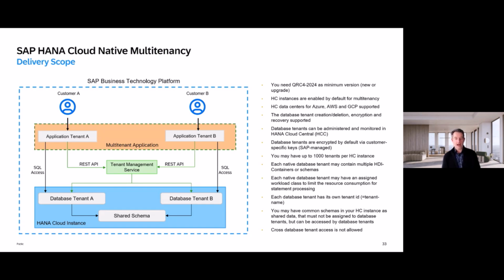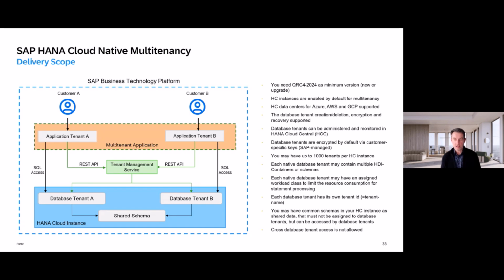You can have up to 1,000 tenants per HANA Cloud instance. And each tenant may contain multiple schemas or HDI containers. You can limit the resources per database tenant to avoid this noisy neighbor effect, by just defining workload classes that are mapped to the database tenant.